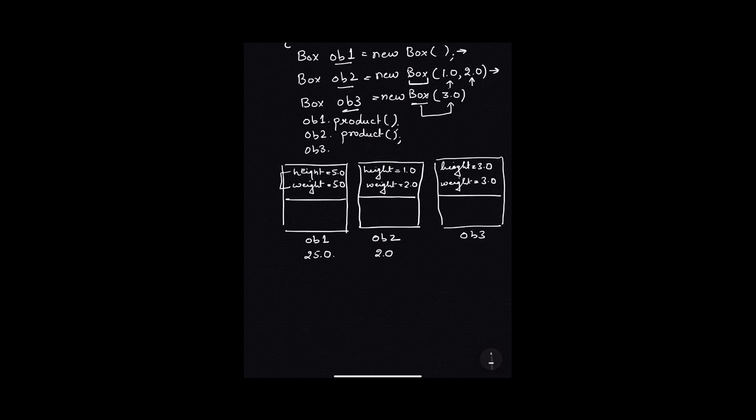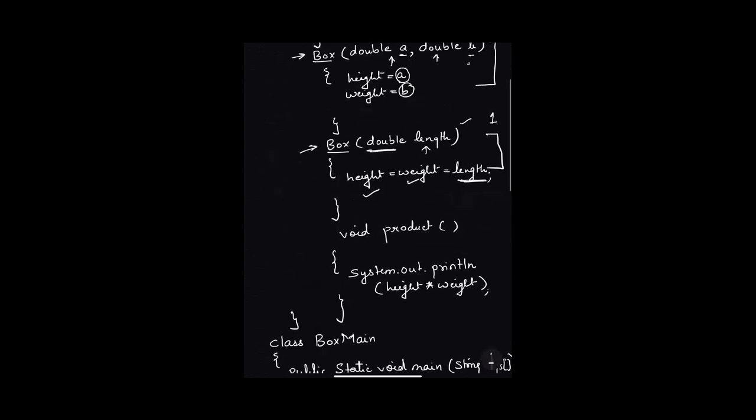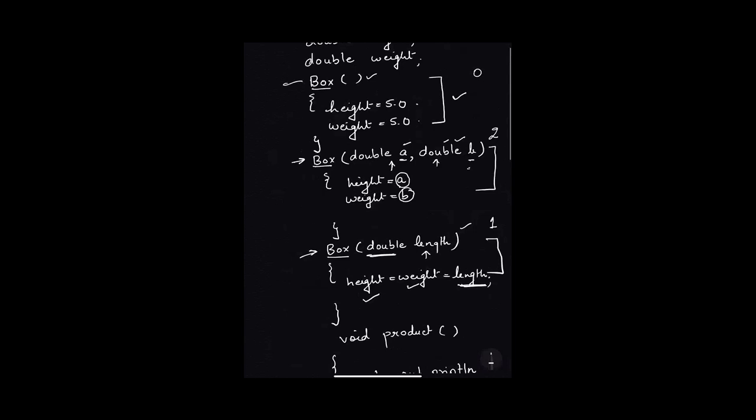Similarly, if this product function is called using object 3, then the values will be 3.0 and 3.0, that will be 9.0. So this is the concept of constructor overloading, where you have constructors of the same name, but the difference is in the number of arguments or the data type of the arguments.